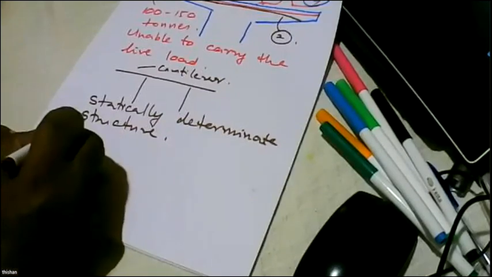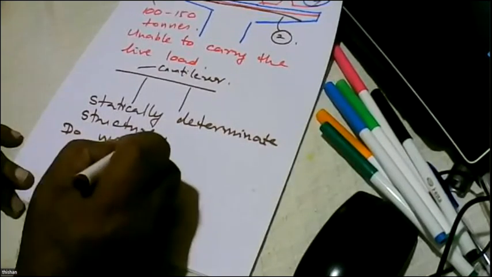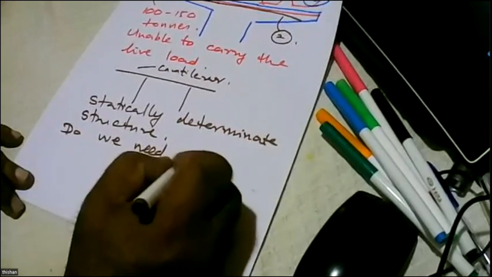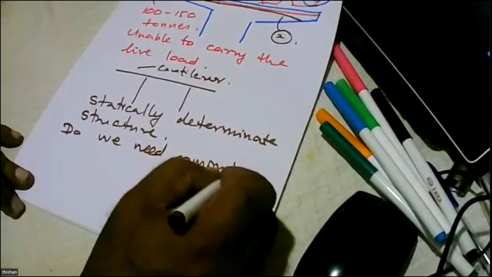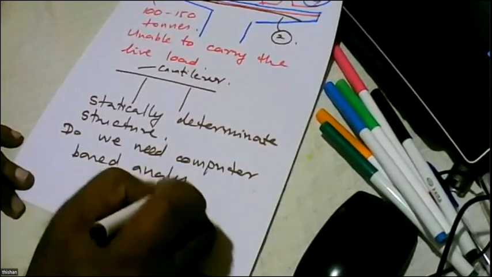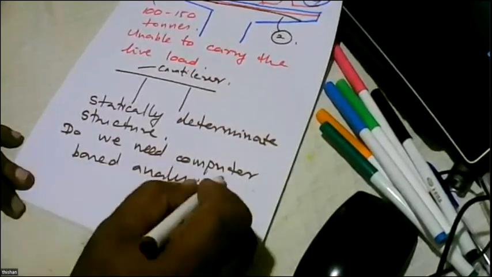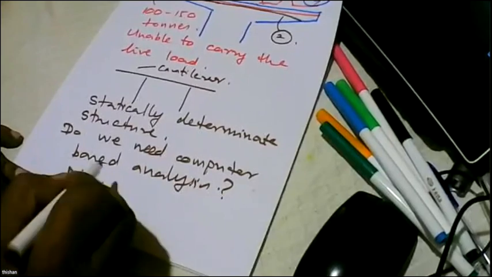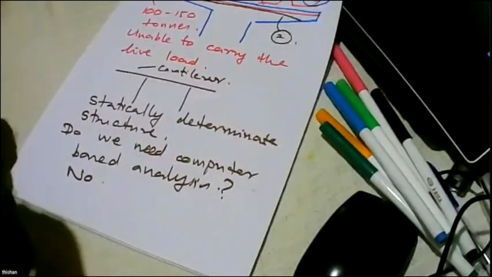So if we are going to have a cantilever and if it is a statically determinate structure, what can we say? Do we need computer analysis? Answer is no. No, we don't need. The structure is statically determinate.